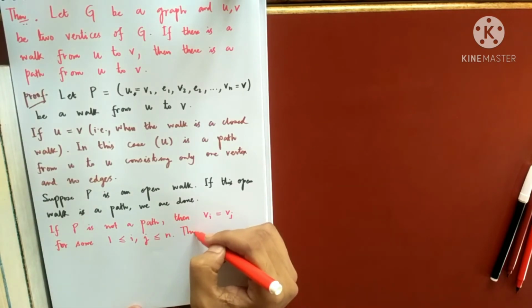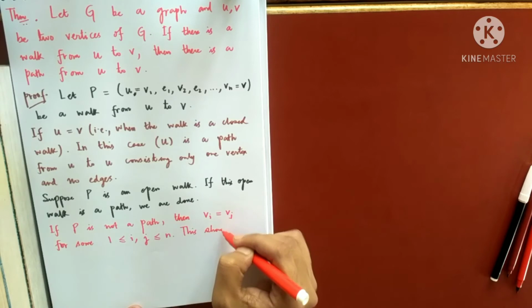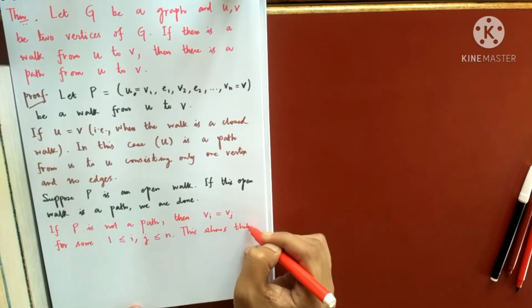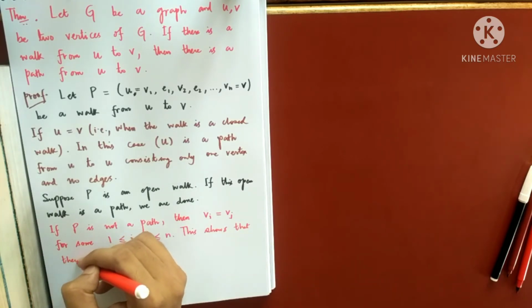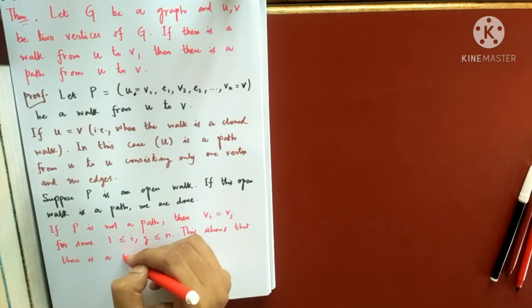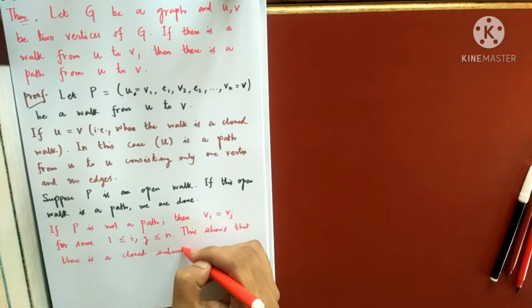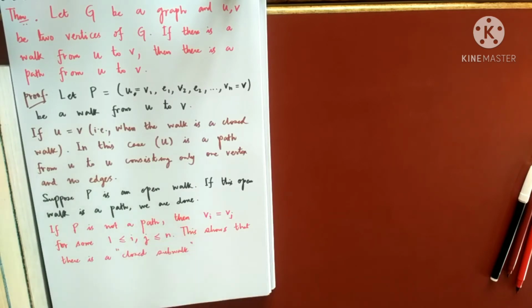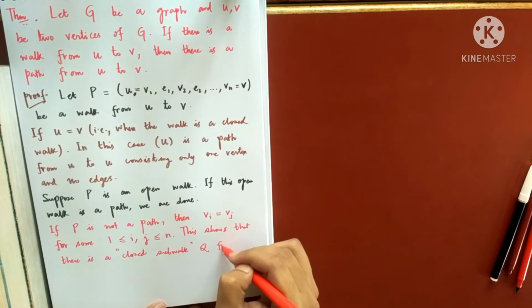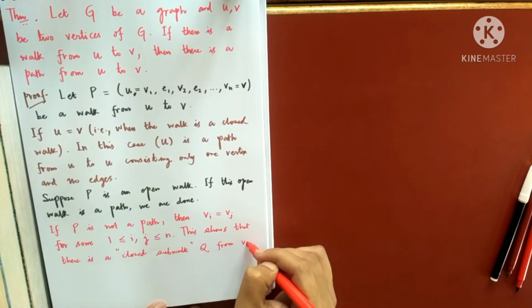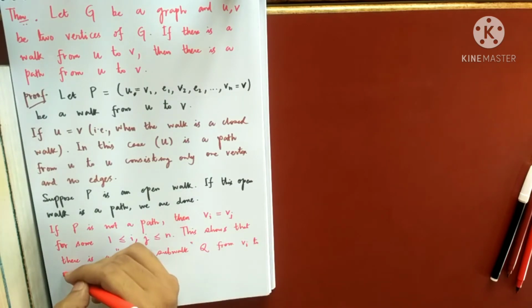This shows that there is a closed subwalk Q from Vi to Vj.